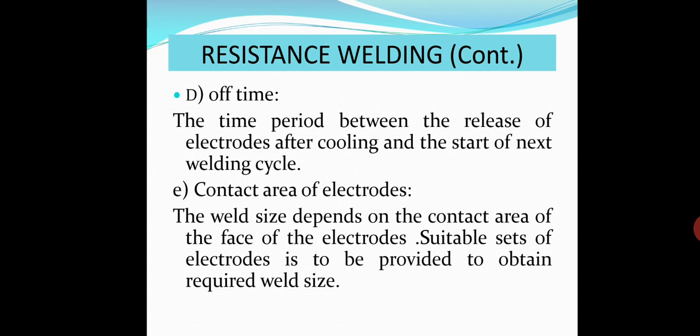The time period between the release of the electrodes and the start of the next welding cycle is known as off time. So this time of application is to be regulated properly.